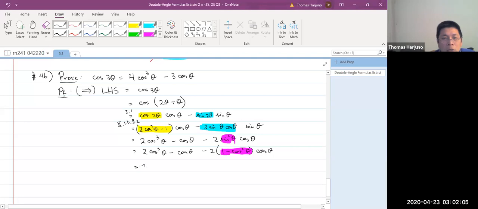We get 2 cosine cubed theta minus cosine theta minus 2 cosine theta plus 2 cosine cubed theta. That will be 4 cosine cubed theta minus 3 cosine theta. That's the right hand side.